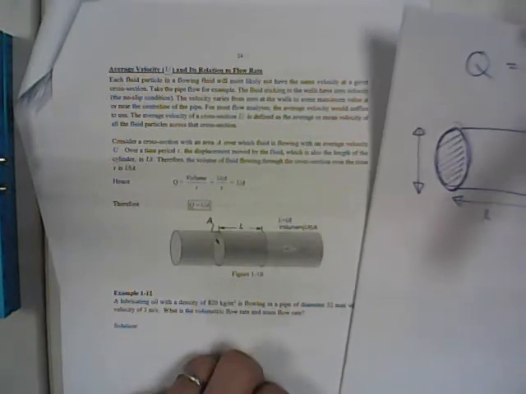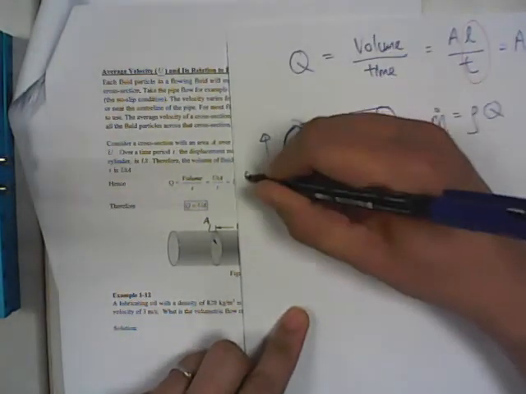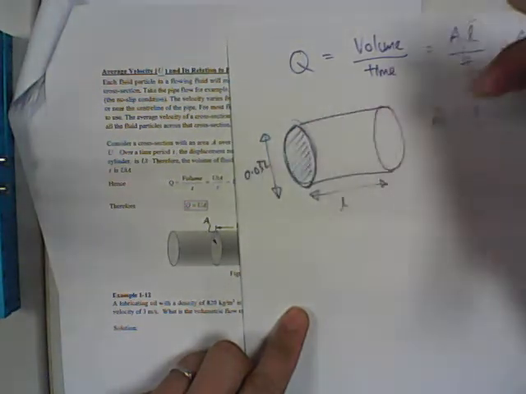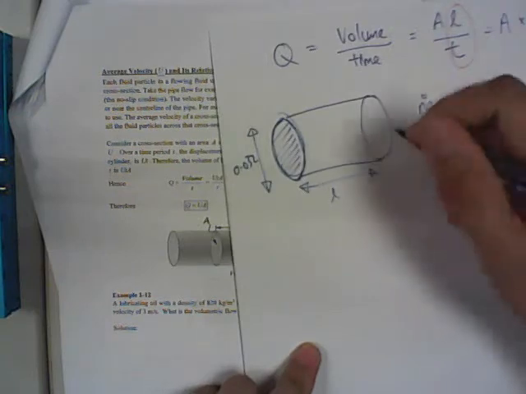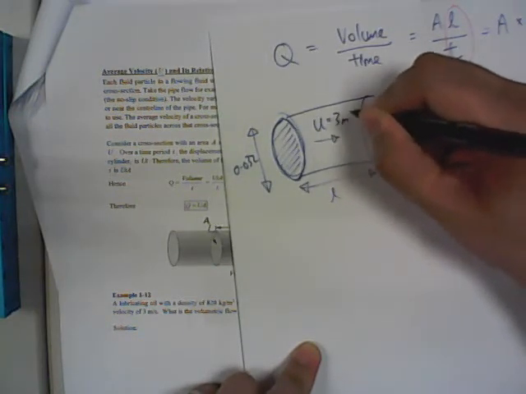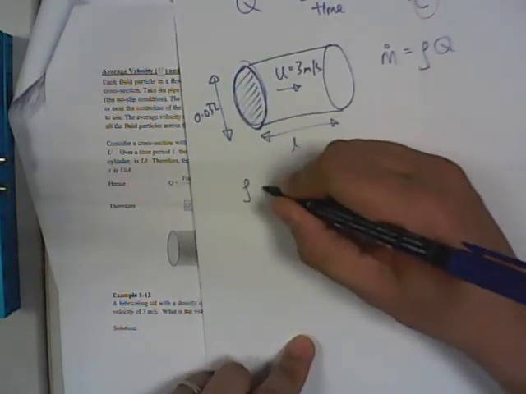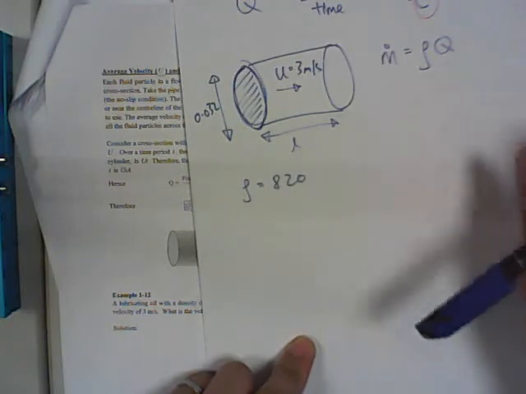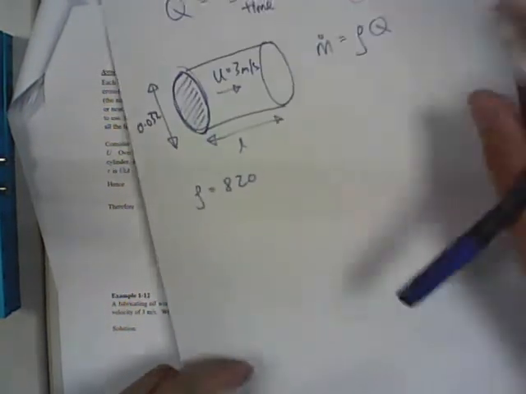The diameter is 32 mm, so in meters it will be 0.032 meters, and the velocity U is 3 meter per second. Density is 820. So what is the volume and the mass flow rate?